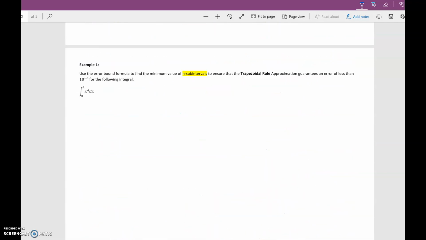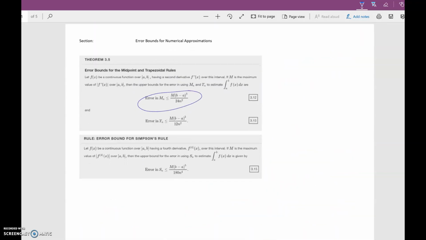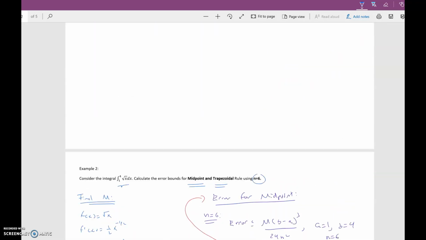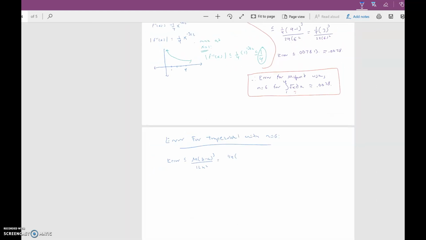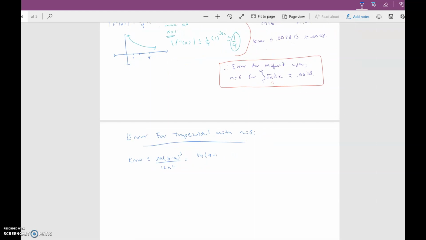And let me double check. We're using this formula. Okay, so this is going to be equal to 1/4, we're still going to have 4 minus 1 to the third power over 12 times 6 squared.